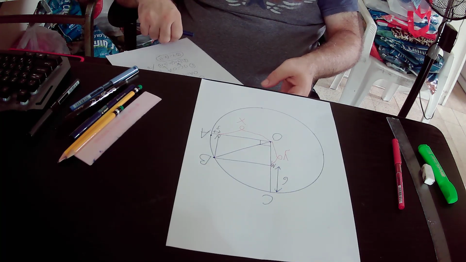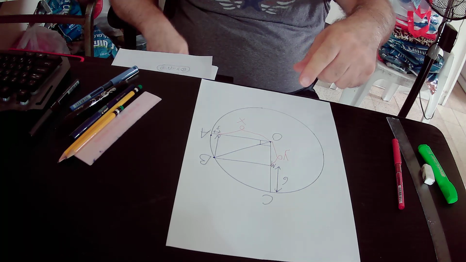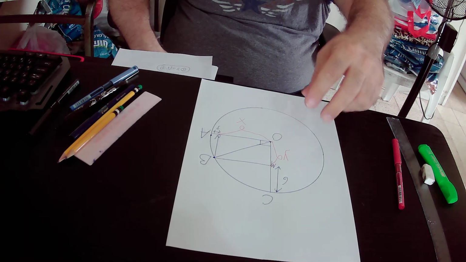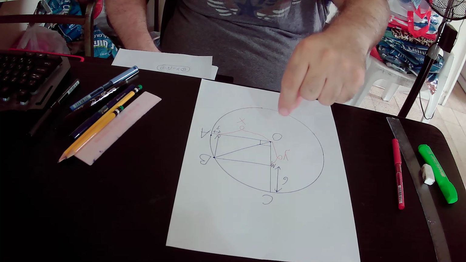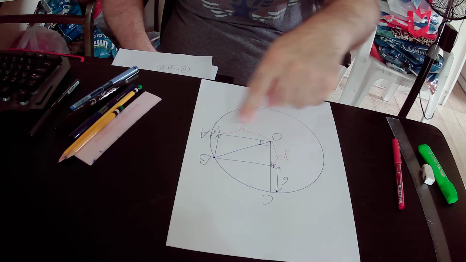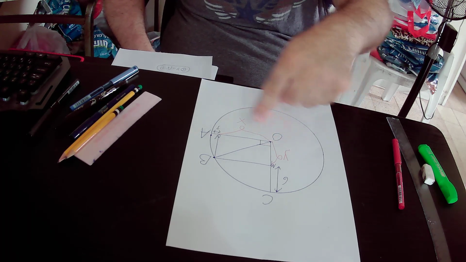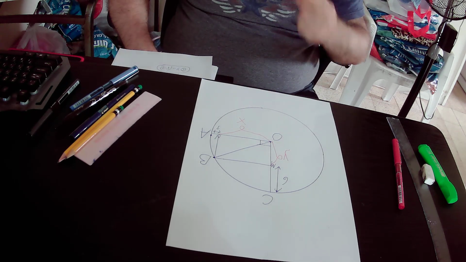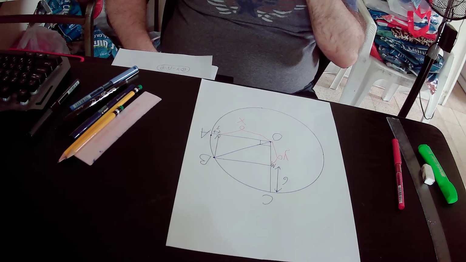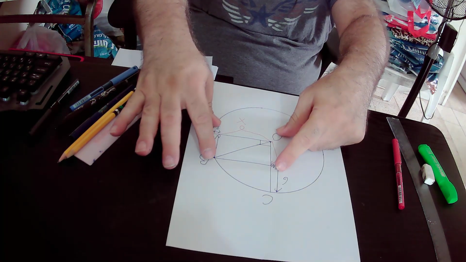But I mentioned in the beginning of the lecture that inside the circle we have a rectangle. Shape MBON is a rectangle, and in a rectangle the parallel sides are equal to each other.